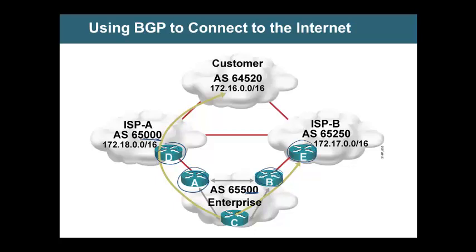Now, between these enterprises, between these autonomous systems, we'll be having some policies in distributing the routes. What is distributing the routes? Giving routes, getting routes. You will have some policy in giving and getting.